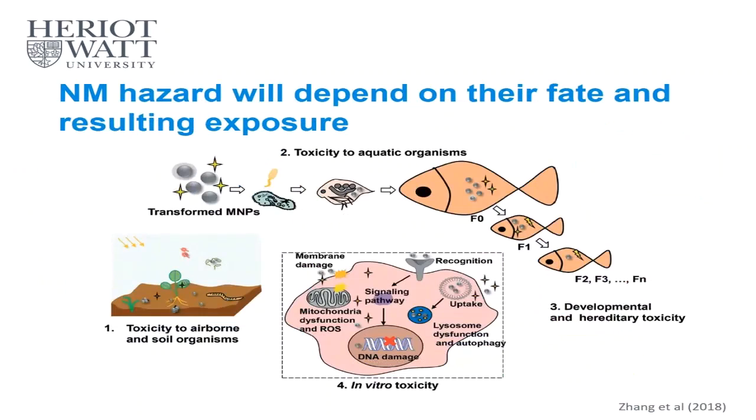And of course, very importantly, is to understand what will happen once you actually have all these transformations. What will happen when organisms get into contact with these nanomaterials? This might be in soil systems, for example, where you have plants, and this might have links with agriculture and maybe inputs into the human food chain. You'll have other types of organisms living in these systems, such as worms, which provide a very important nutrient cycle, for example, in soil systems.